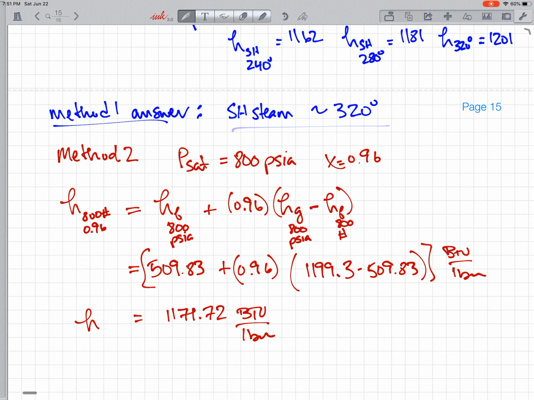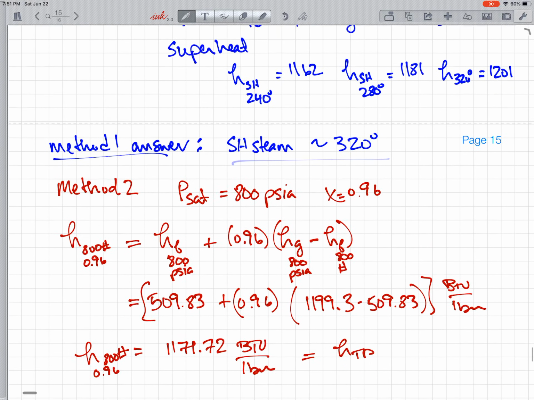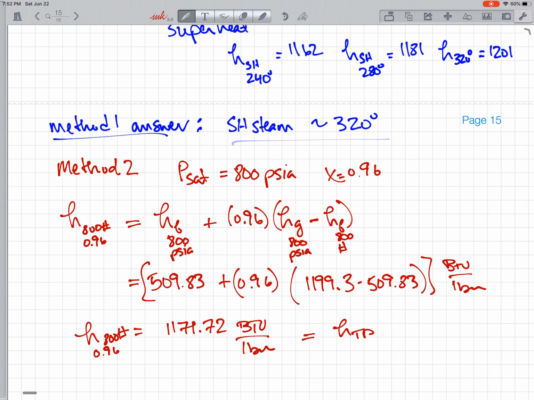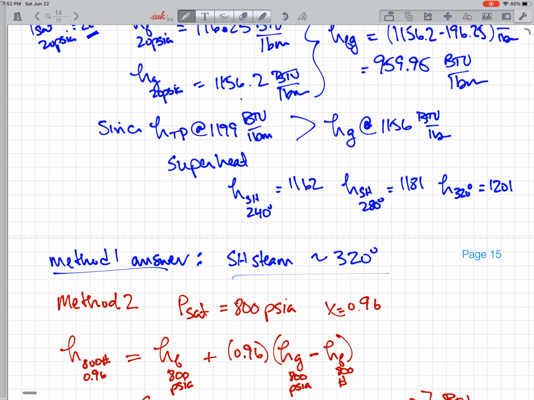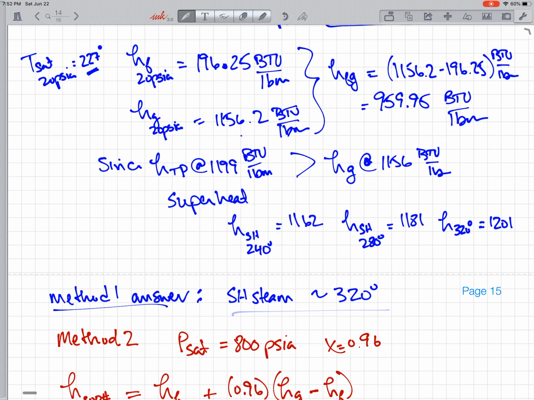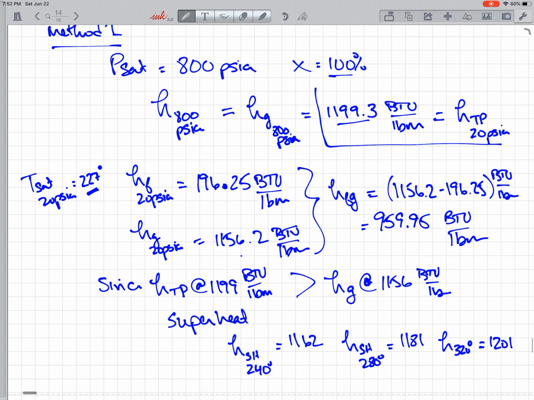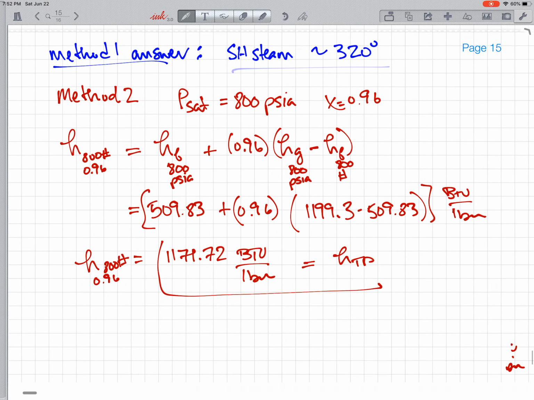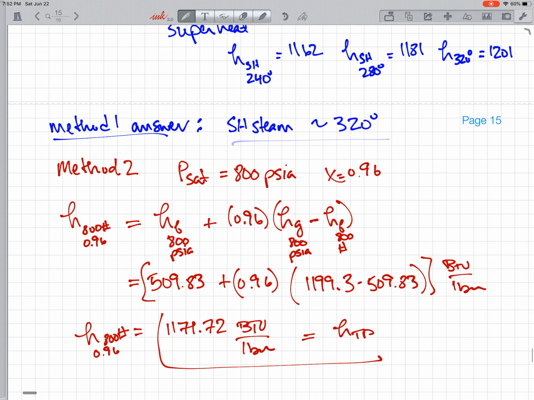That's going to be the enthalpy, 800 pound steam with a 96% quality factor. Now that's also going to be the enthalpy of the tailpiece. So now compare that to the tailpiece enthalpy up here with method 1, which was 1199. So you had about a 20 BTU difference.